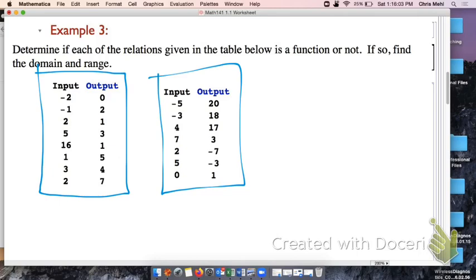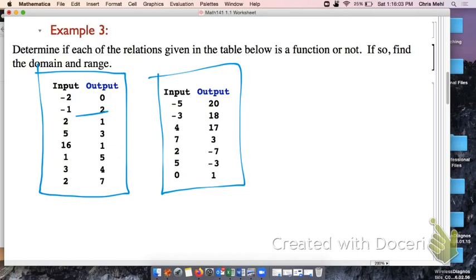The idea here is that you want to make sure that each input is assigned one and only one unique output. And in terms of looking at tables representing relations, you want to make sure essentially that if the input is ever repeated more than once, you don't have two different outputs.